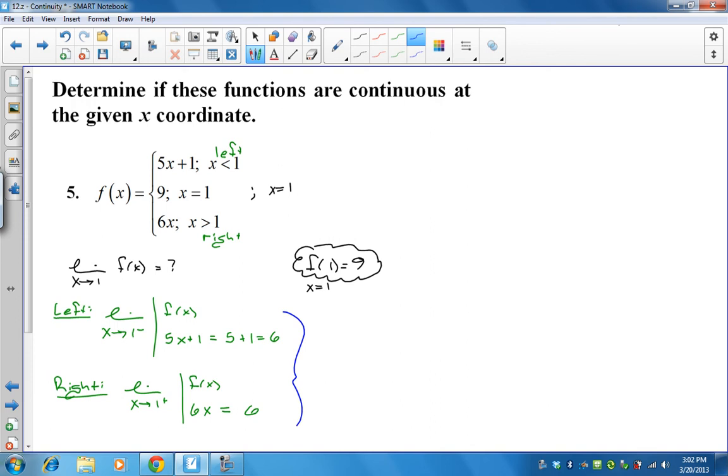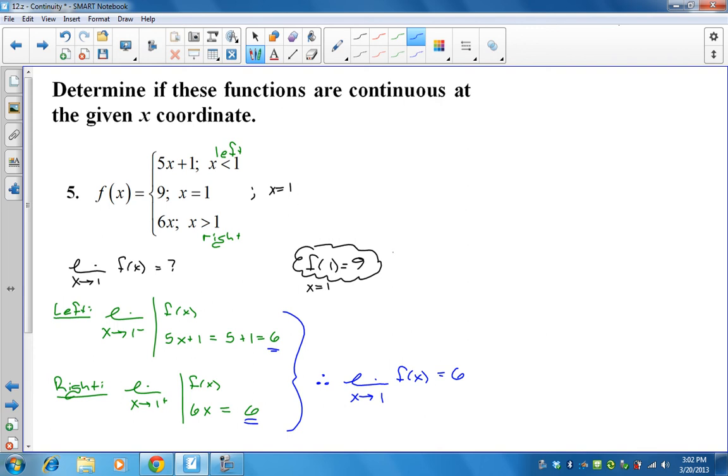My left side and my right side are both going to the same place. Therefore, the limit as x approaches 1 of my whole function, so I'm looking at 1 from both sides, that limit is 6. Well, then I look up here and I see that the limit is approaching 6, however f of 1 is 9. These are not the same.